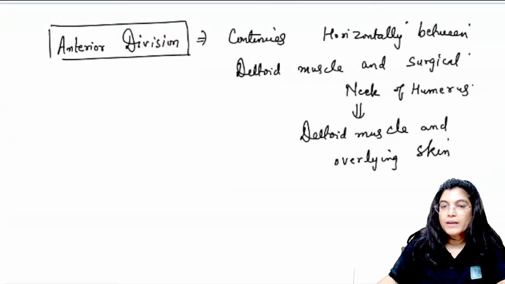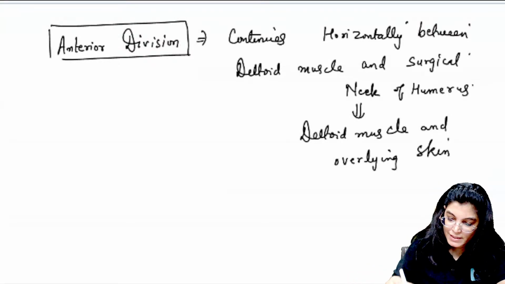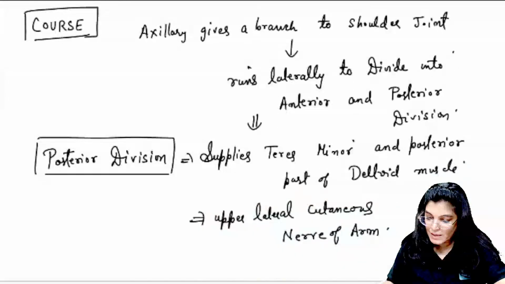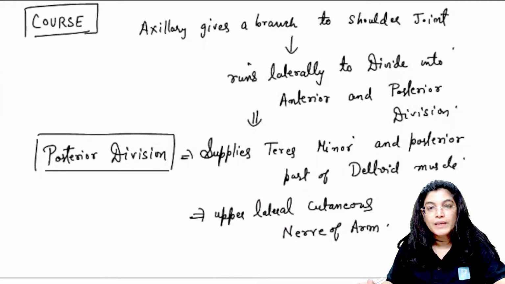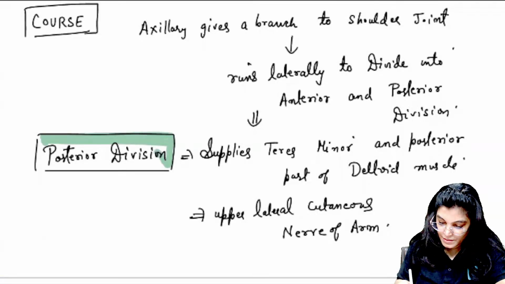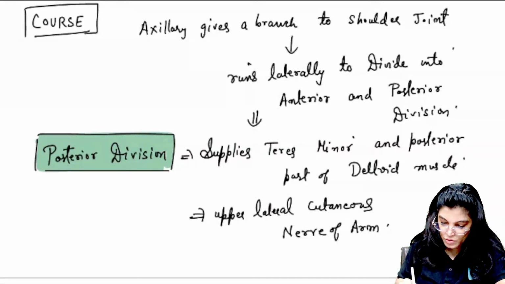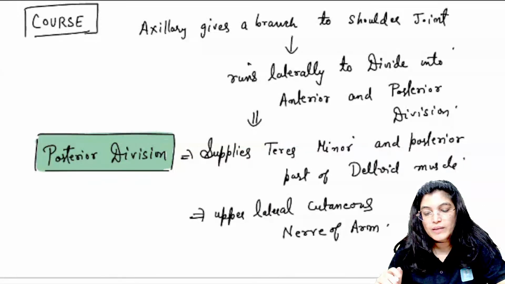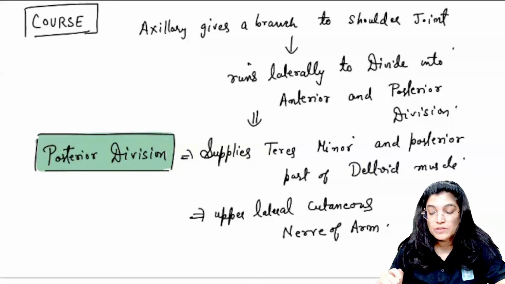Now one more point I just want you to note down, that is very important for your MCQs also. If I talk about the posterior division, it will supply teres minor and part of the deltoid muscle. Now it will also have a pseudoganglion. Basically, the nerve to teres minor has a pseudoganglion.